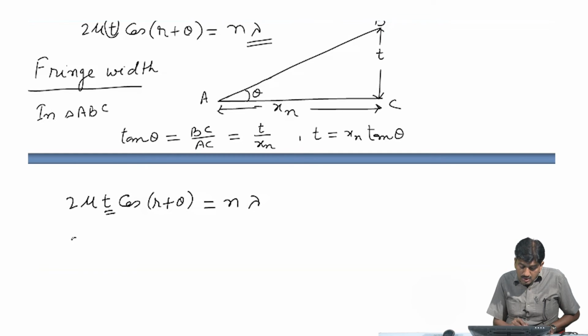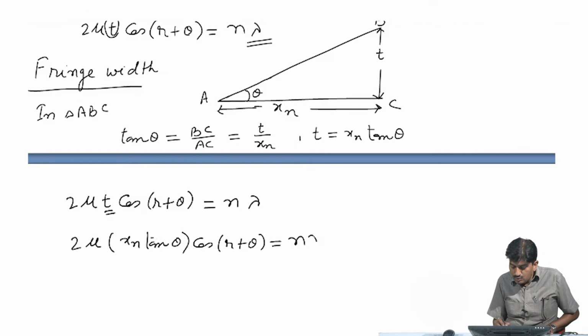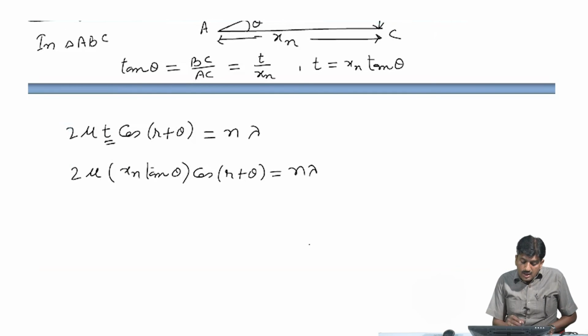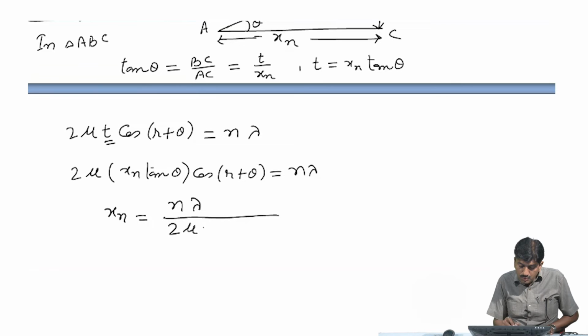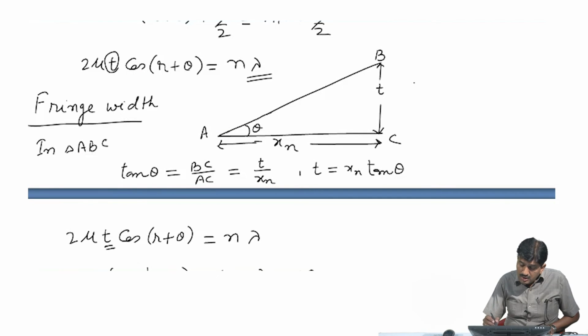If you put the value of t, it becomes 2 mu xn tan theta cos(r plus theta) equal to n lambda, and xn should be equal to n lambda upon 2 mu tan theta cos(r plus theta). And similarly, we can determine the position of the (n plus 1)th fringe.